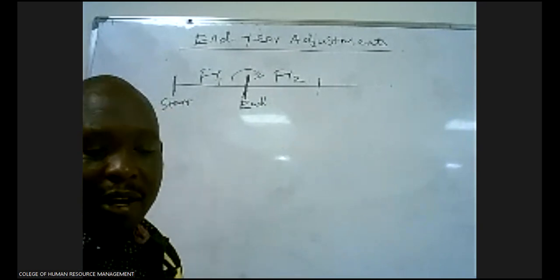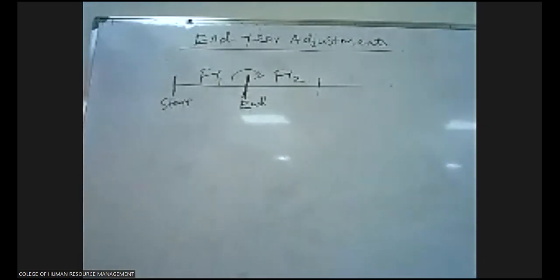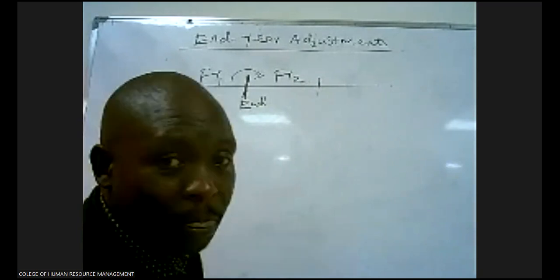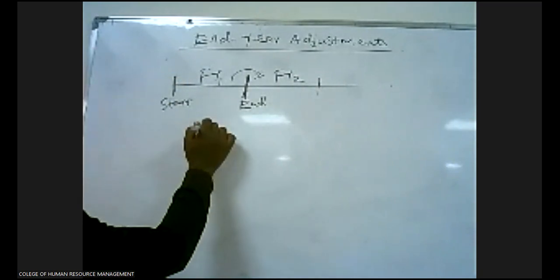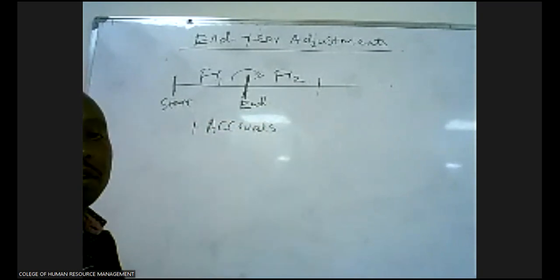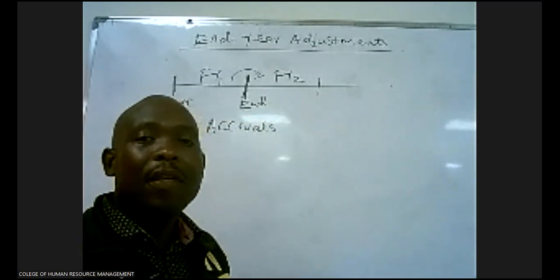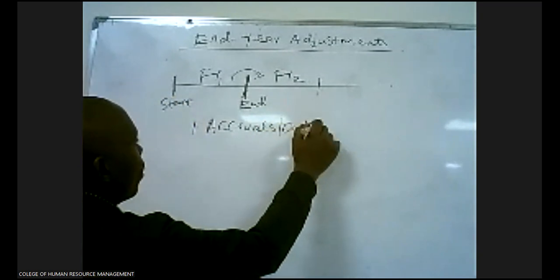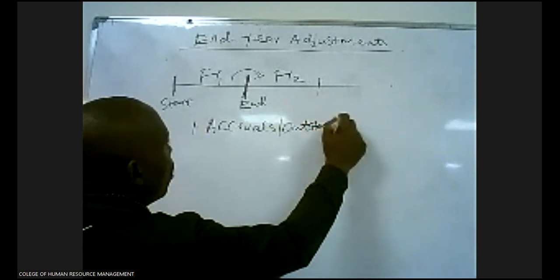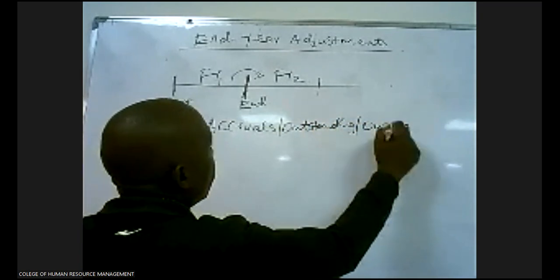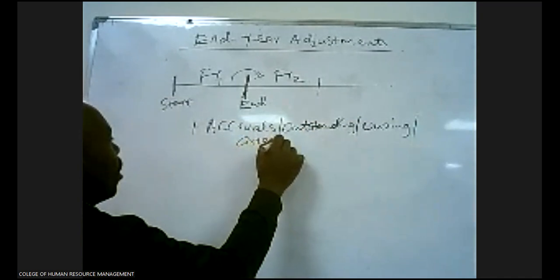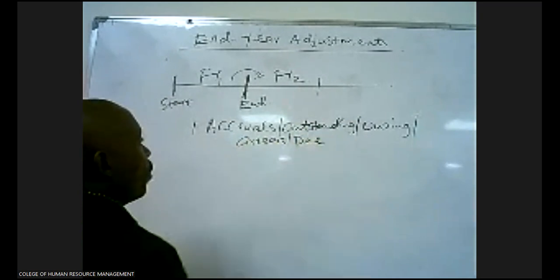So the end year adjustments are going to rotate around the following 4 cases. Case number 1 is when we talk about accruals. Accruals is a case whereby the amount of money is either outstanding, or owing, or we also call it arrears, or it is due.